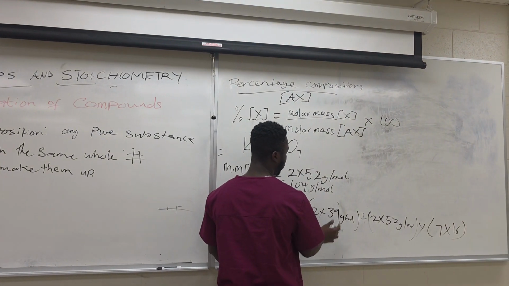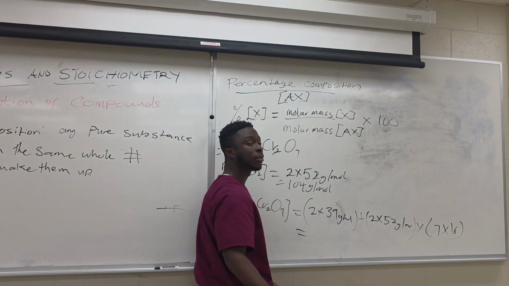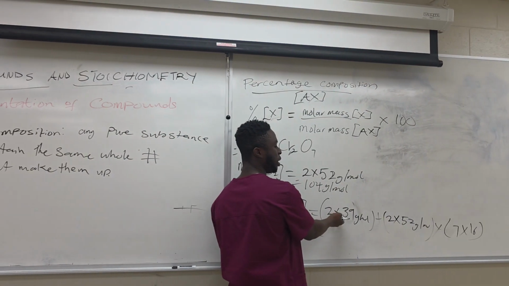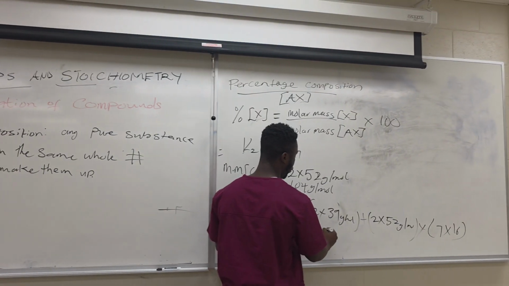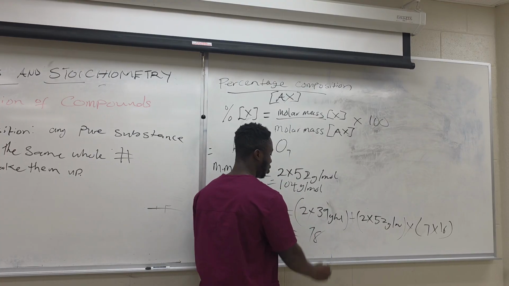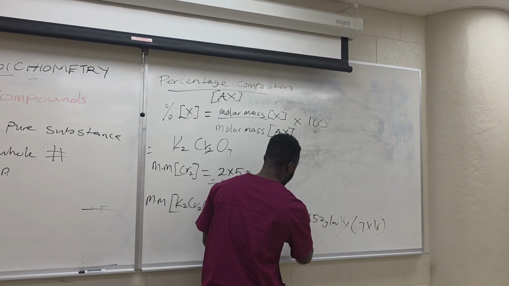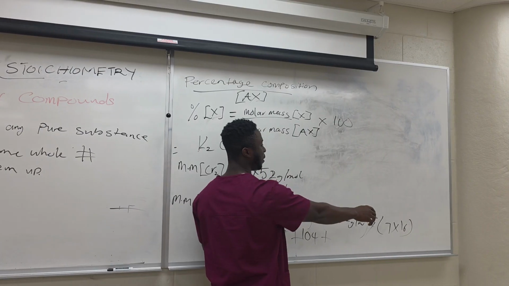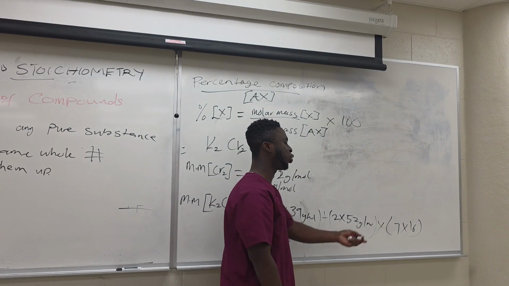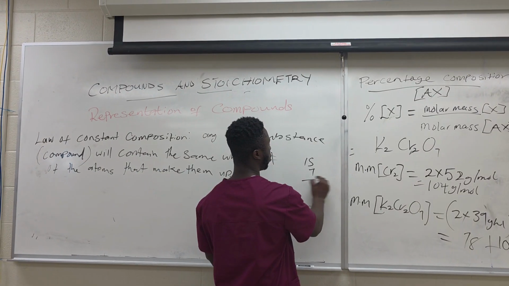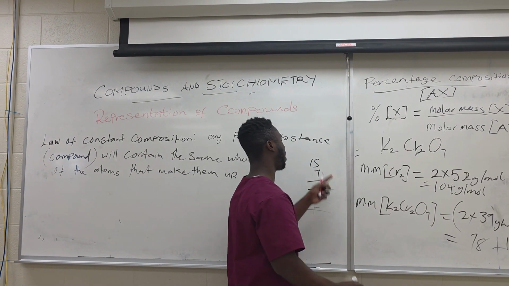So 2 by 40 is 80, and since it's 39, it will be 80 minus 2, which is 78. Plus we already found 104, plus 7 by 16. Even if I took it to be 15, so that the calculation will be simple, 7 times 5 is 35.